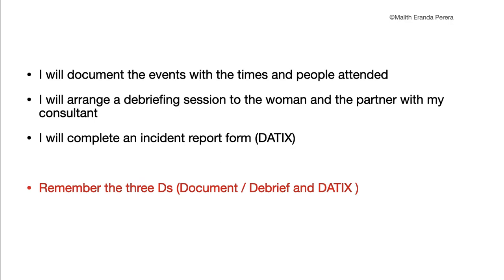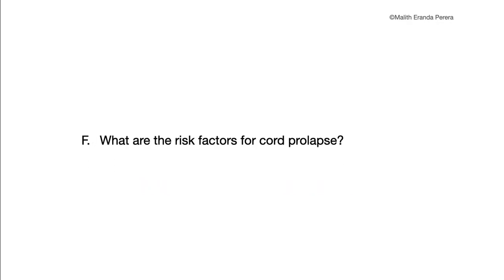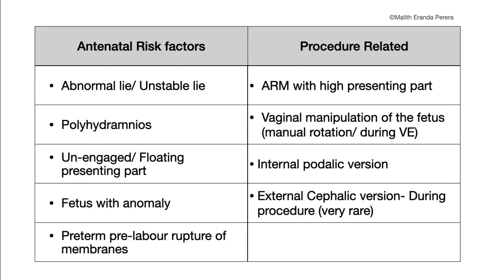If the time persists, the examiner might ask a few other questions, like asking for the risk factors for cord prolapse. This is a simple list of risk factors. They can be divided into antenatal risk factors and procedure-related risk factors. Antenatal risk factors would be abnormal or unstable lie, polyhydramnios, floating presenting part, fetus with an abnormality, preterm prelabor rupture of membranes.